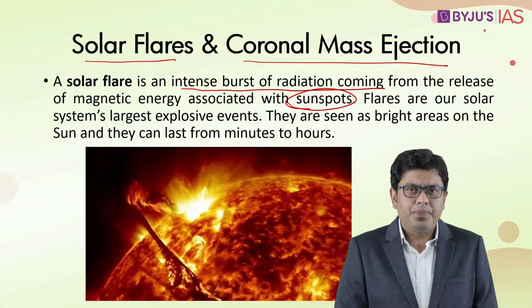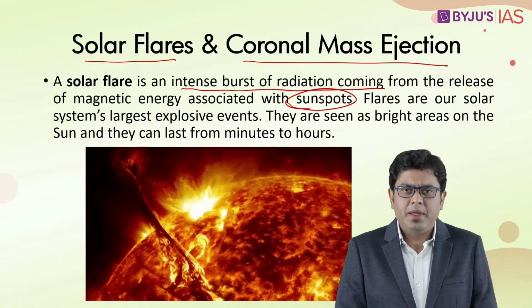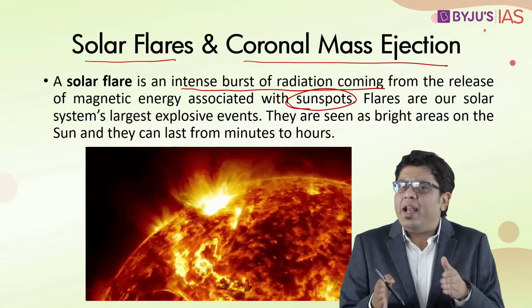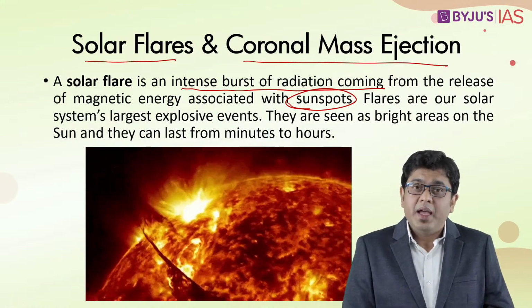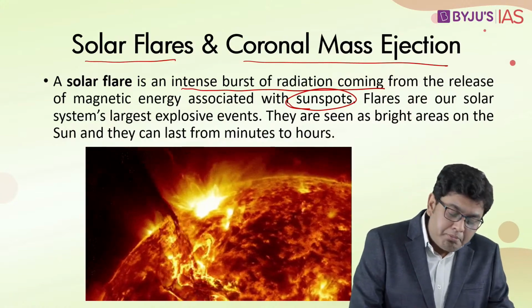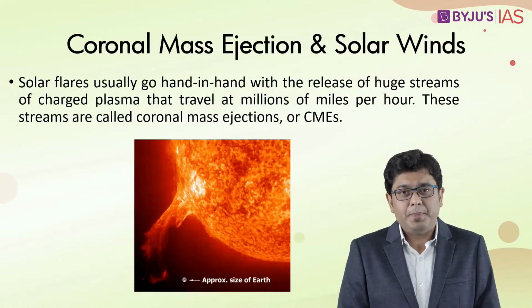Now, this solar flare is one of the most explosive events that you will come across in the solar system. But whenever a solar flare is observed, around 8 to 12 hours after that and extending up to a few days, a significant amount of matter is also released from the surface of the sun.